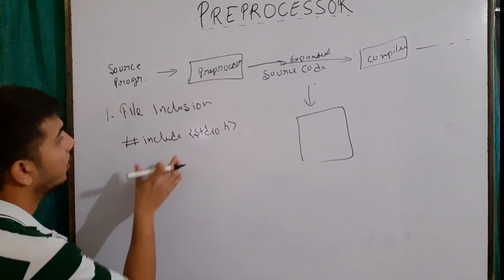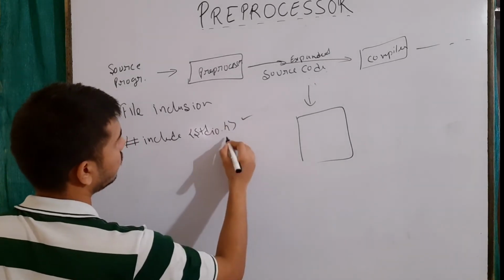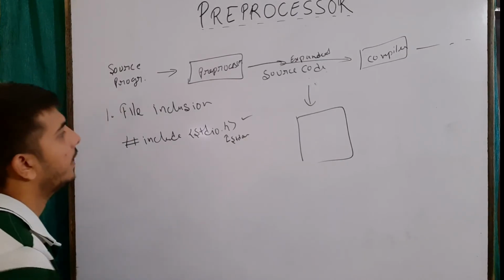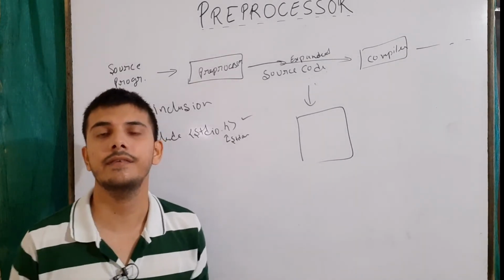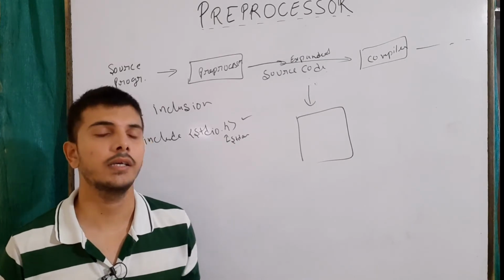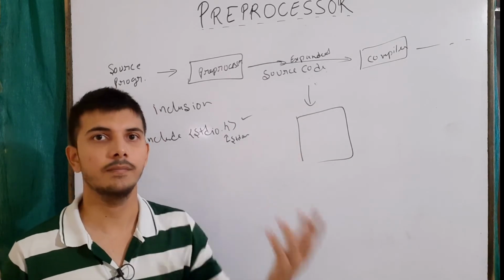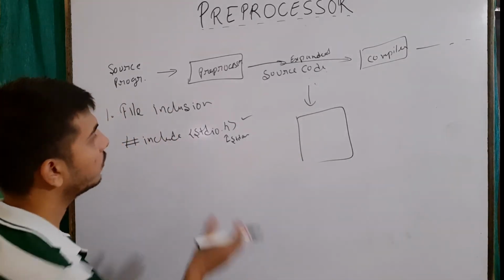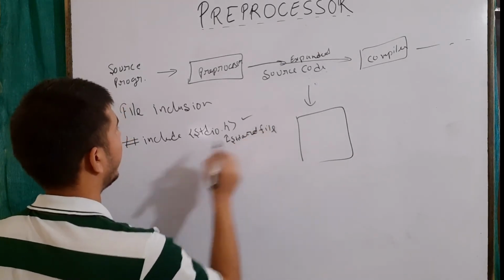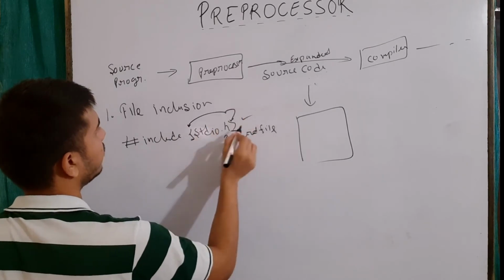Now we can use #include in two ways. First is this one. This is generally used for standard files. What does that mean, standard file? There are various header files that are already present in our compiler, files which already come with the compiler, and those are generally known as standard files. We represent a standard file using this.